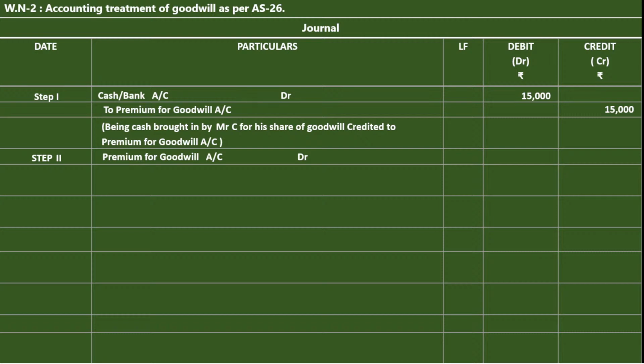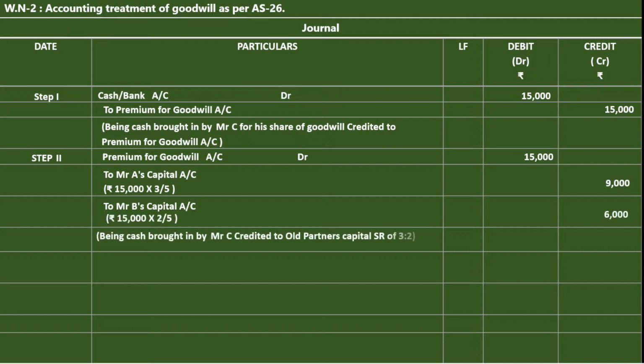Earlier it was credited, now it should be debited. To Mr. A's capital account, this is a transfer entry, 15,000 into 3/5 sacrifice ratio, 9,000. To Mr. B's capital account, 15,000 into 2/5, it is rupees 6,000. Being cash brought in by Mr. C credited to old partners' capital accounts in the sacrifice ratio of 3:2.